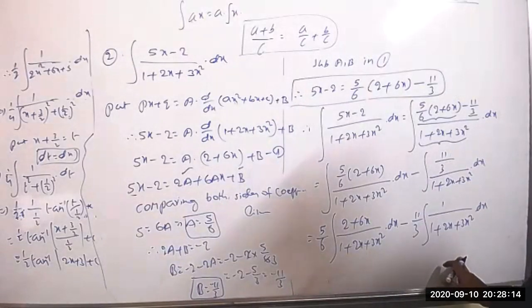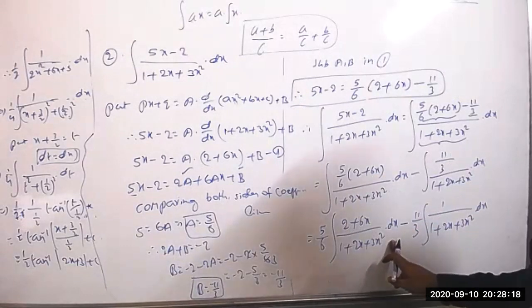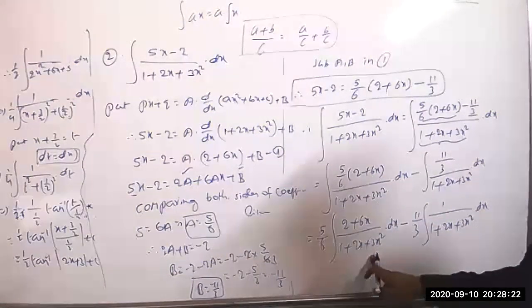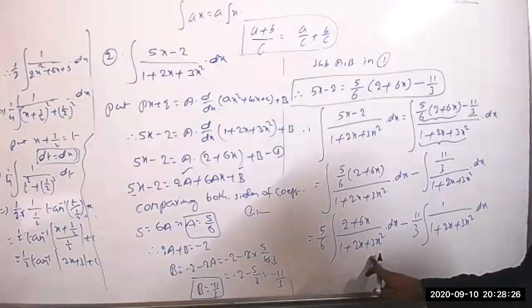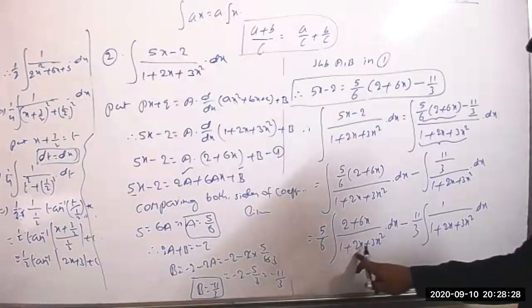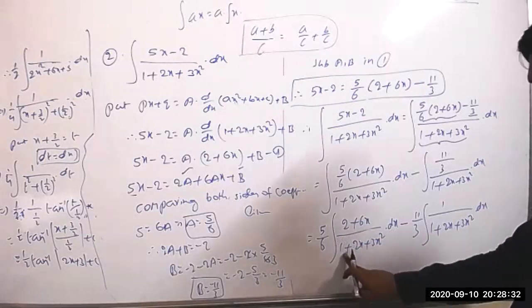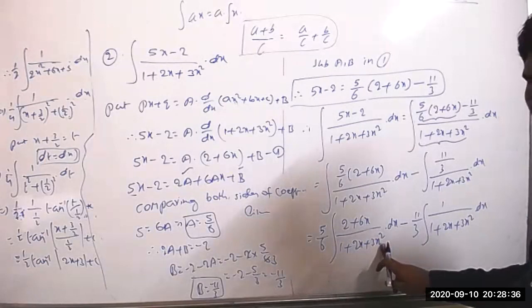Now, in this kind of question, the first term, definitely 100%, we will get that formula. What is that? Integration of f dash of x by f of x. Observe that. This is the f of x. The differentiation of this value equals how much? 1 is the constant, 2x means 2 only, and 3x square means 6x.